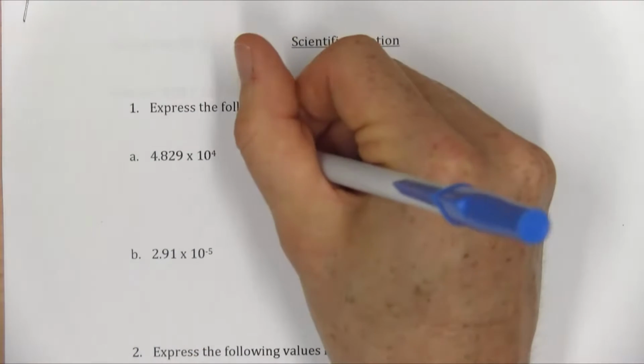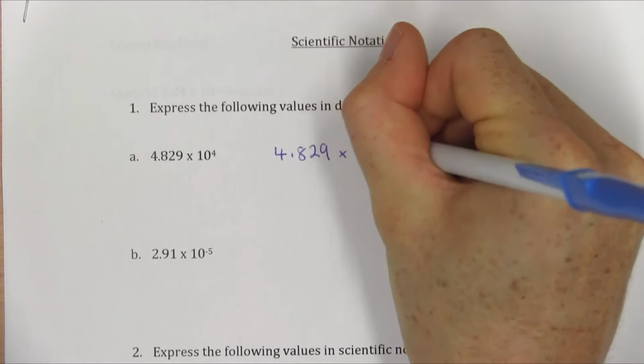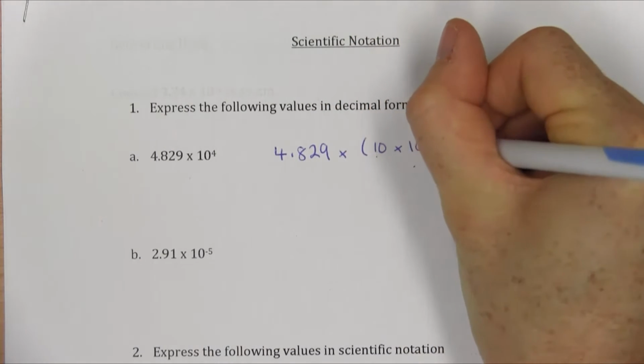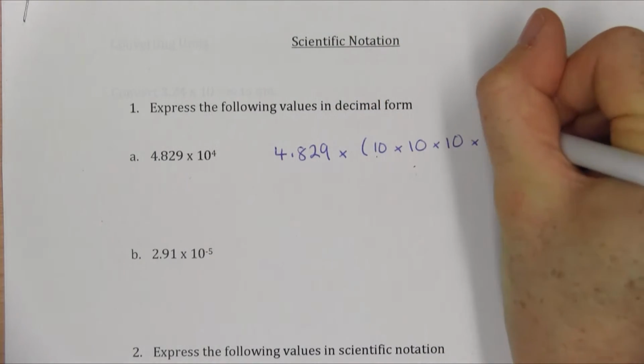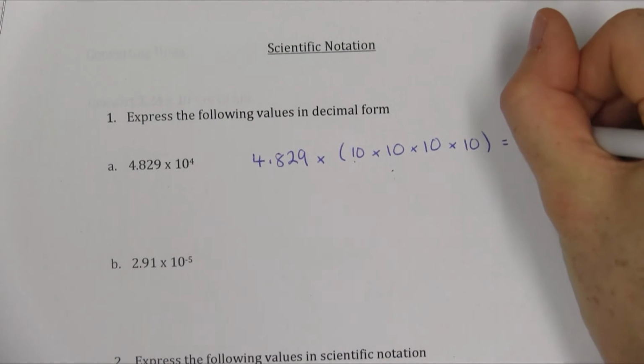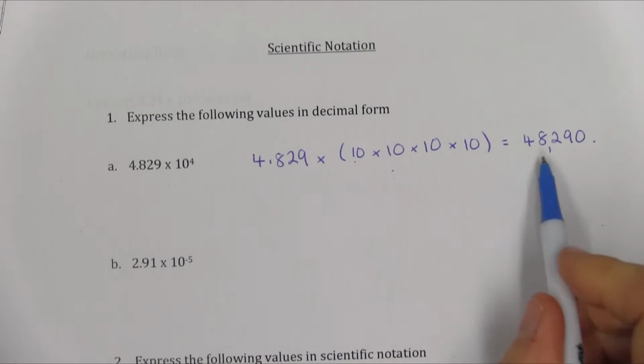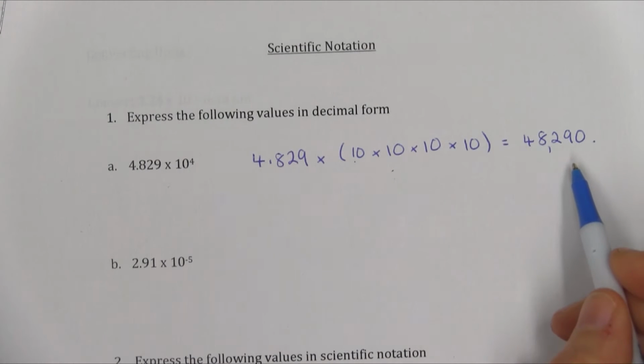Or in other words, 4.829 multiplied by 10 by 10 by 10 by 10. And when we work that out, we get the answer as 48,290. And this is the decimal form of the number.